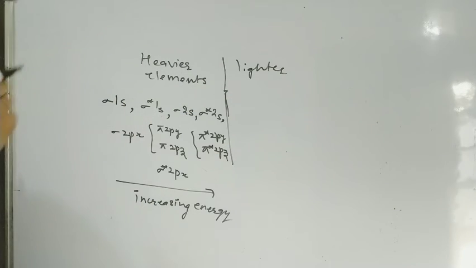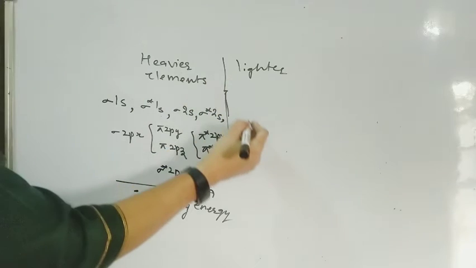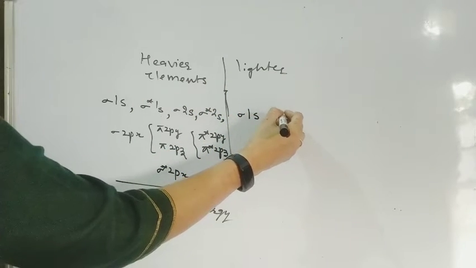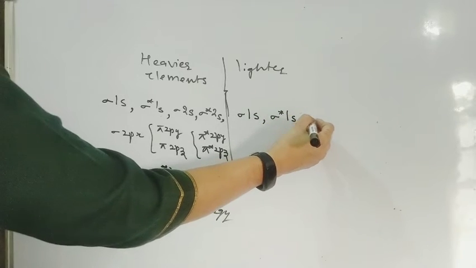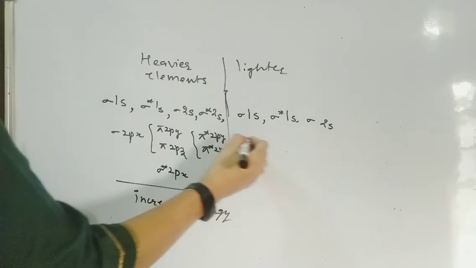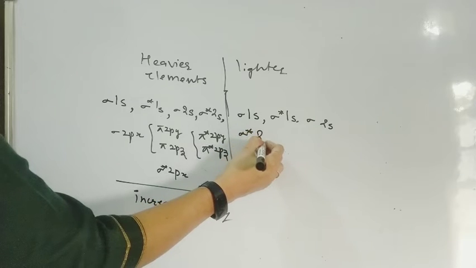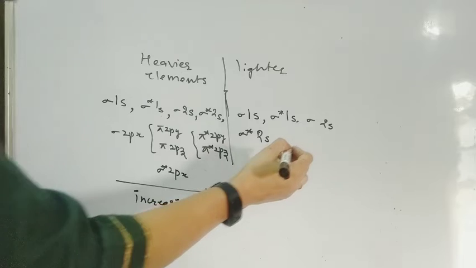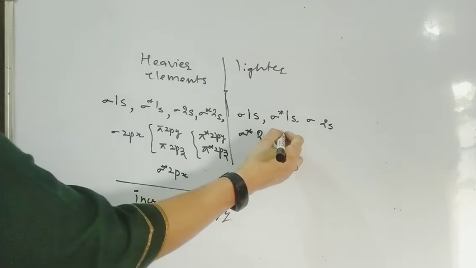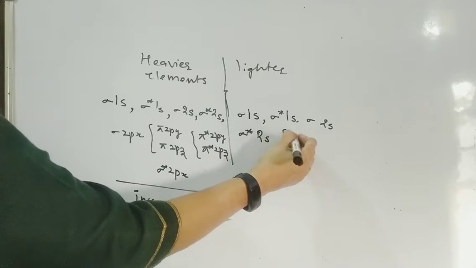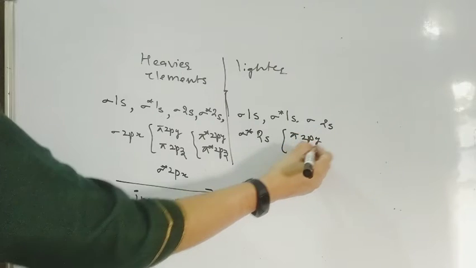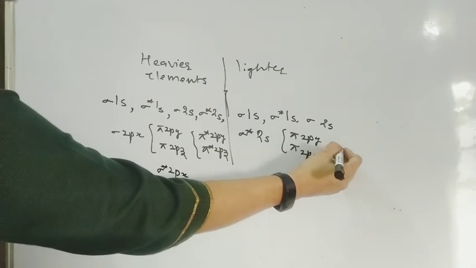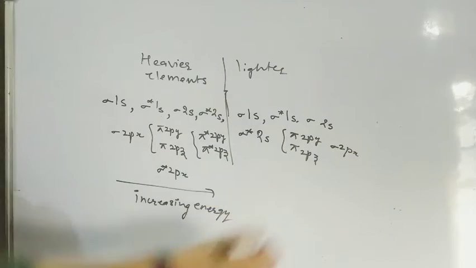And in the case of lighter elements, the configuration will be sigma 1s, sigma star 1s, sigma 2s, sigma star 2s, then pi 2py, pi 2pz, and then sigma 2px.